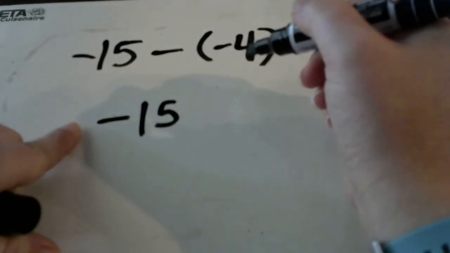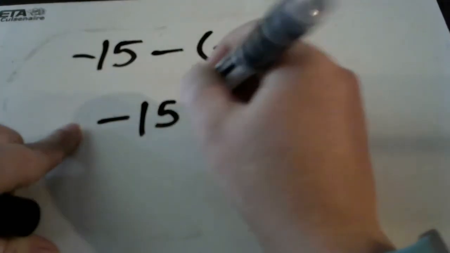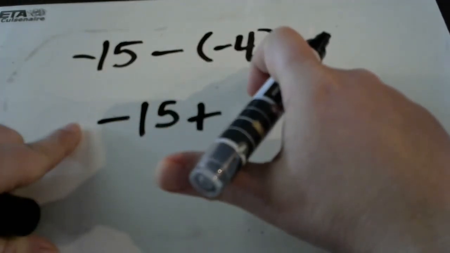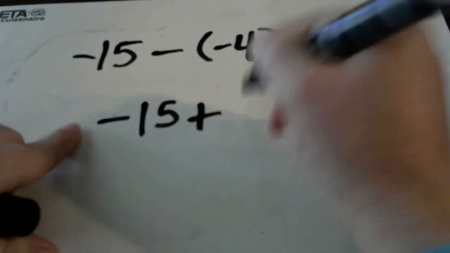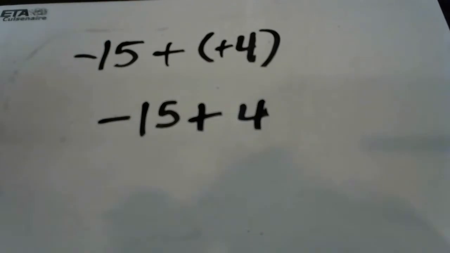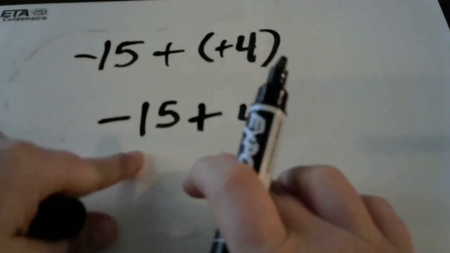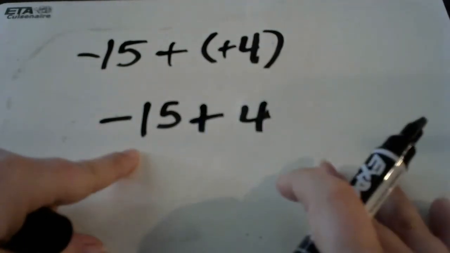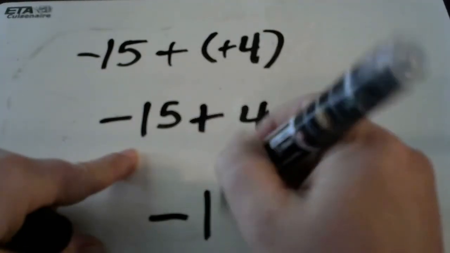I love rewriting my problems. It helps me keep it clear in my head. So I'm going to change the subtraction to addition, and I'm going to change the sign of the next number, which is negative 4. So I'm going to turn that into a positive 4. You can also just do this, okay? All right, so I'm doing negative 15 plus positive 4. I'm going to take the sign of the larger number, which is 15, and my answer is negative 11.